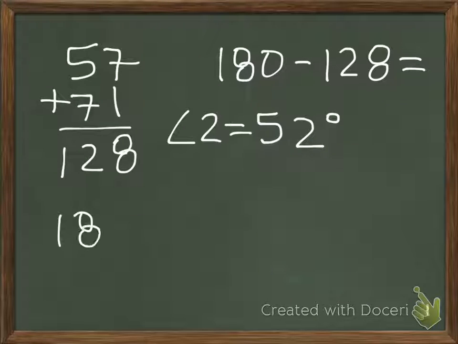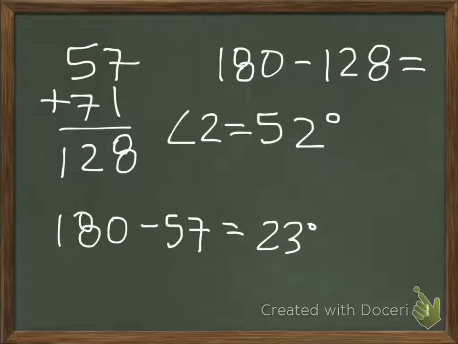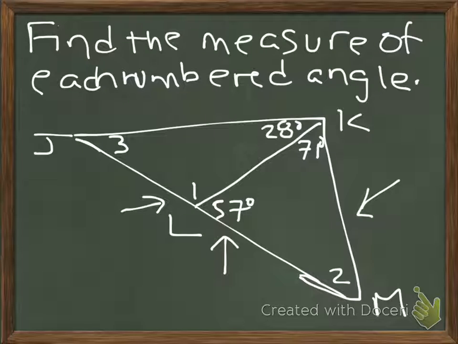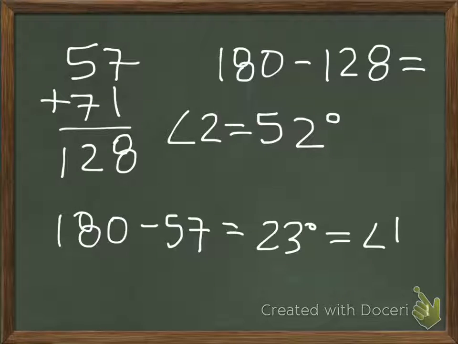So 180 minus 57 is going to give me 23, and that is angle 1. Whoops. So if that is angle 1, we can fill in 23 degrees as angle 1, and now we have 23 and 28 in triangle JKL. We can add that up and subtract from 180 to find angle 3.